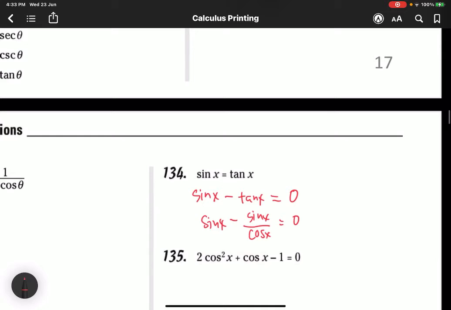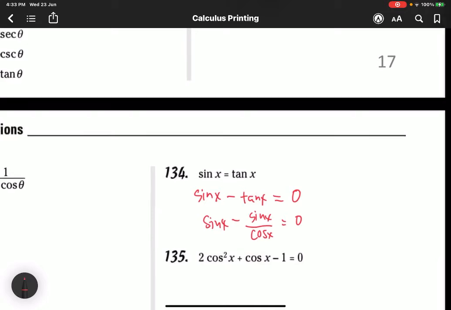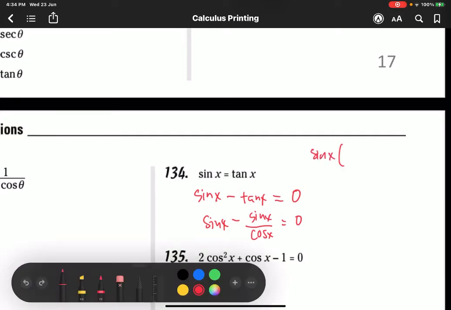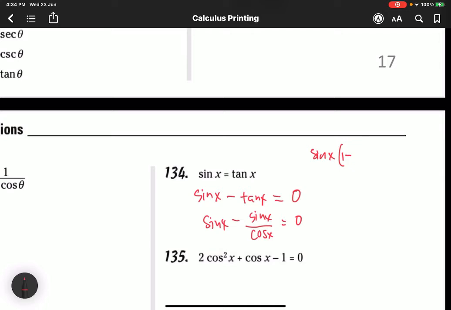1 over cosine x. Dahil meron tayong identity, no? Na ito yung identity ni tan x. And then pag finactor natin, ito, we will have the following. Sin x times 1 minus 1 over cos x, okay, equals 0.